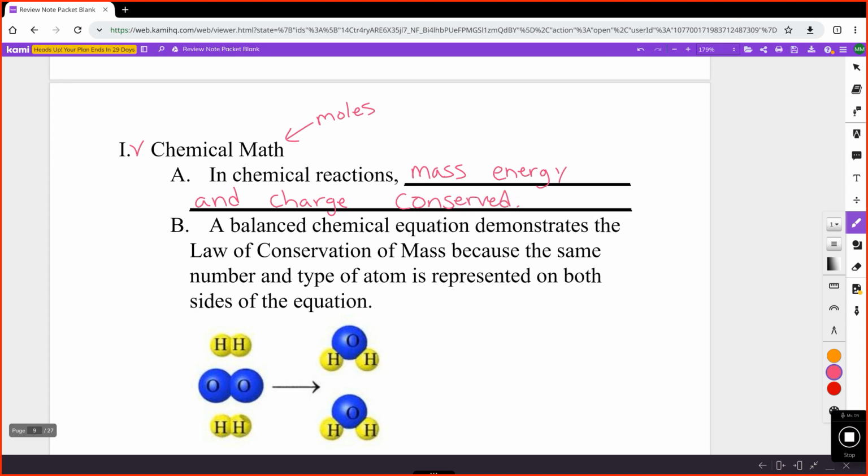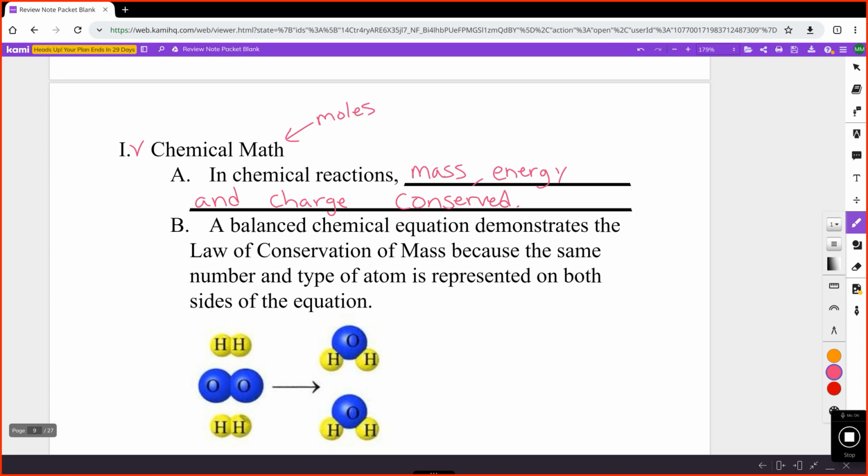Meaning they don't change from one side to the next. And so whether that energy is stored in bonds or if that energy is resulting in temperature, it's going to be the same on both sides of the equation. Mass kind of refers to types of atoms, and charge is obviously plus or minus, stays the same.